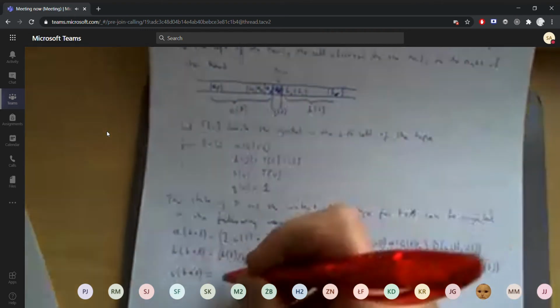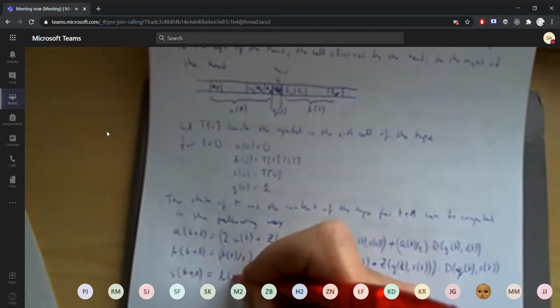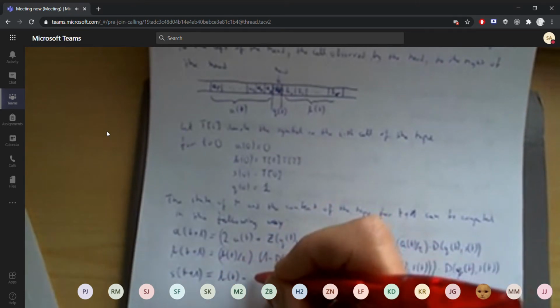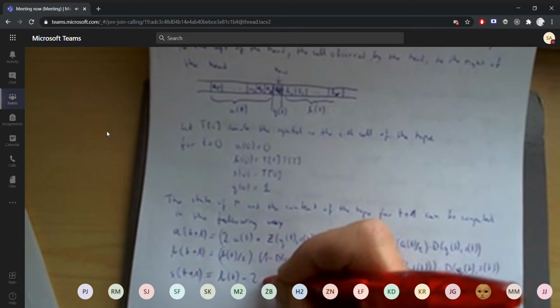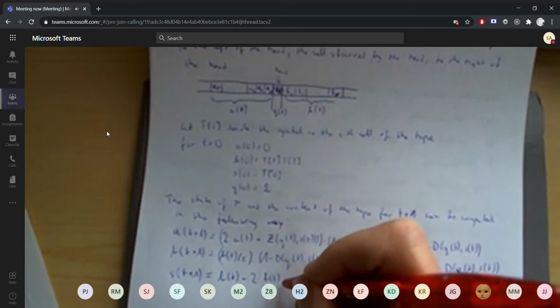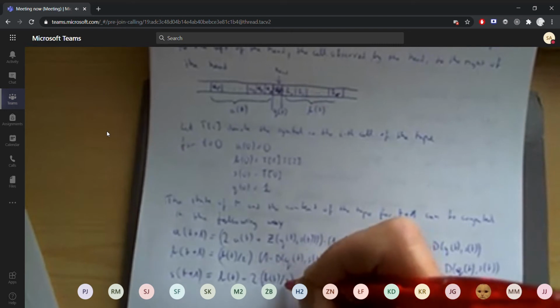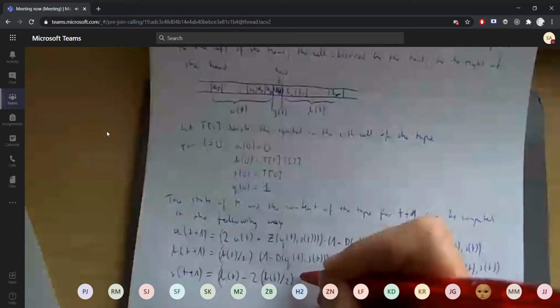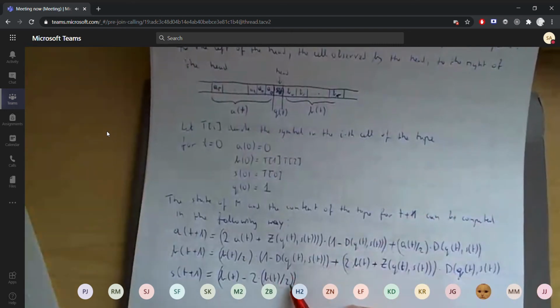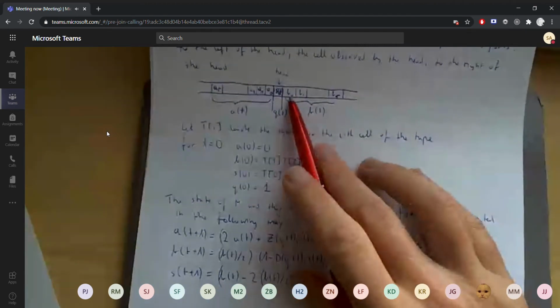So maybe I will write it. B of t minus 2 times B of t over 2. Yeah, so here we delete the last bit, B0. Then we append 0. So if we subtract this number from B of t, we will obtain B0.